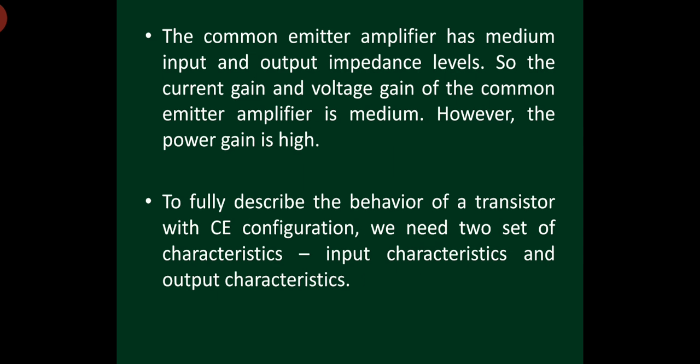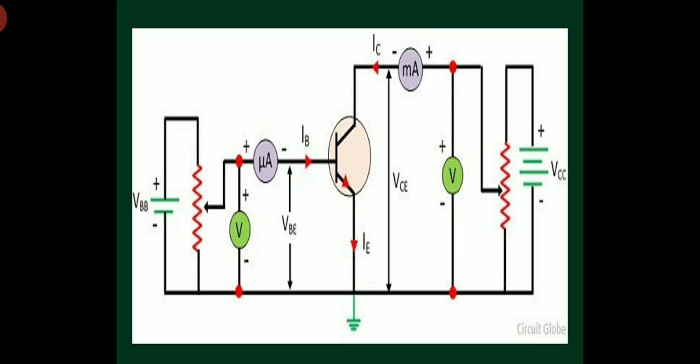To fully describe the behavior of a transistor in CE configuration, we have to know the characteristics, which are called input characteristics and output characteristics. So I am taking an NPN transistor configuration. The input junction JE must be forward biased, so I am giving positive supply VBB to the base through a potentiometer, and the negative terminal of VBB is connected to ground where the emitter terminal is connected, right?